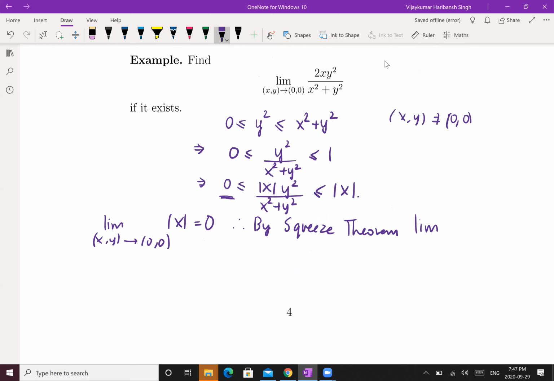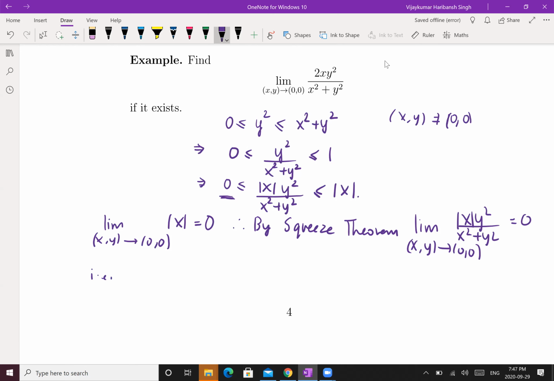the limit as (x,y) goes to (0,0) of x y squared upon x squared plus y squared, but with an absolute value sign, is 0. That is, if I write this same thing in a slightly different format, the limit as (x,y) goes to (0,0) of the absolute value of x y squared upon x squared plus y squared equals 0.